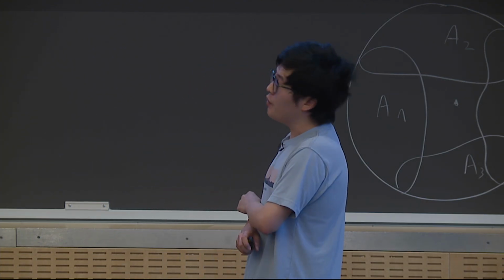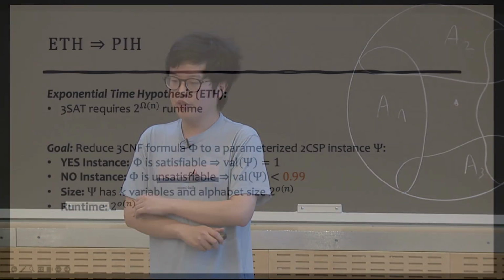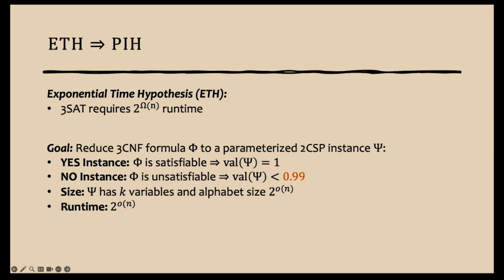To prove PIH under ETH, we need to reduce the 3-SAT formula phi to a parameterized 2CSP instance, where if phi is satisfiable, then the instance psi is also satisfiable. If phi is not satisfiable, then every assignment to the 2CSP instance will violate at least 0.01 fraction of constraints.